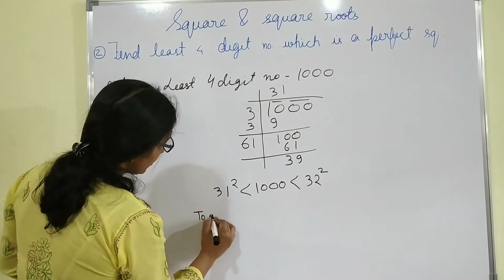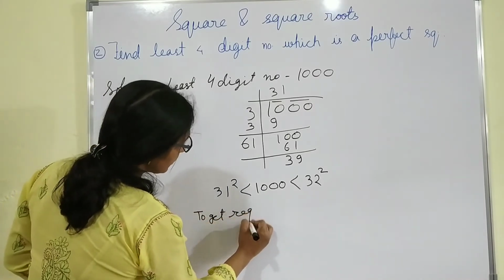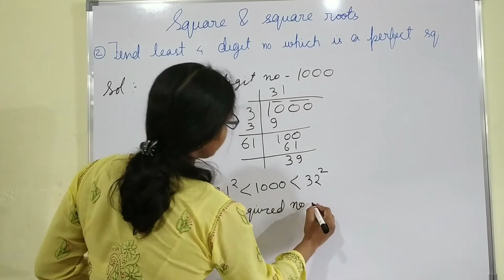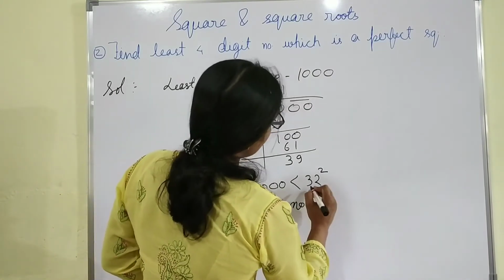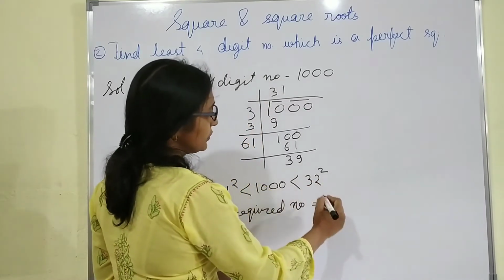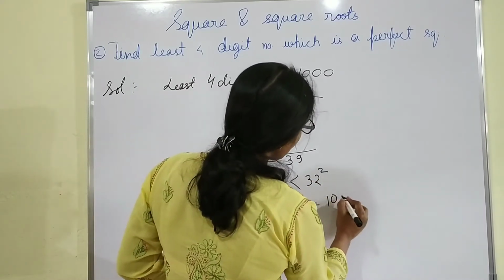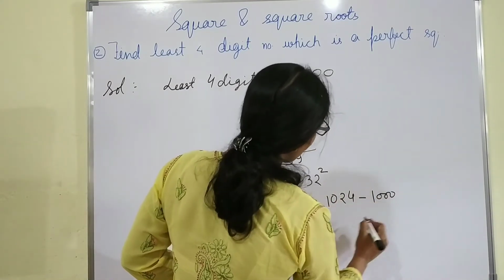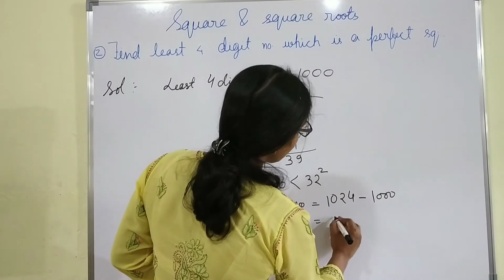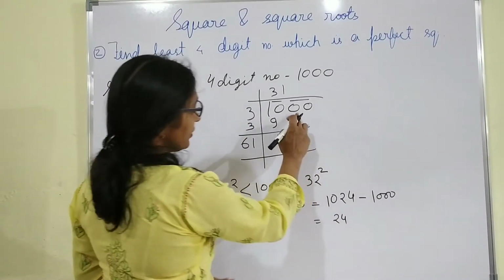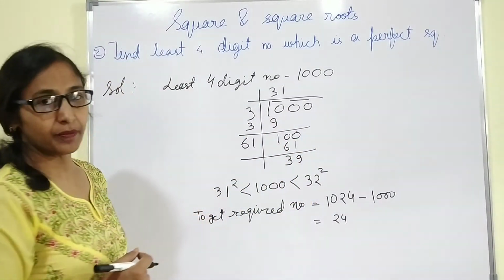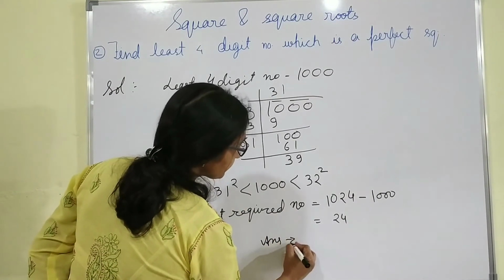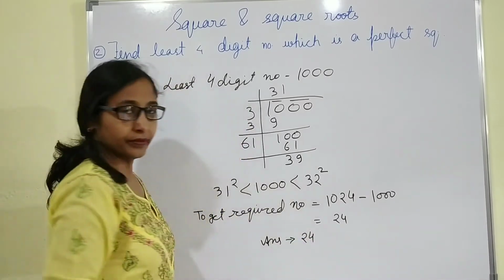To get the required number, the square of 32, that is 1024, minus 1000. So we will get 24. If 24 is added to this number, it will become a perfect square. So our answer is 24.